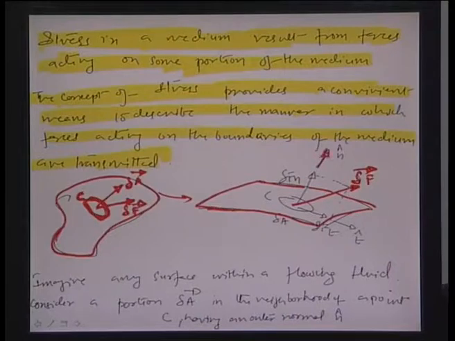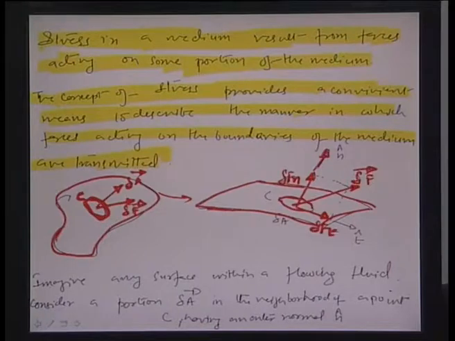Let us say this is the normal component delta F n, and one which is tangential to the area of interest here close to this point C, and we call this delta F tangential.